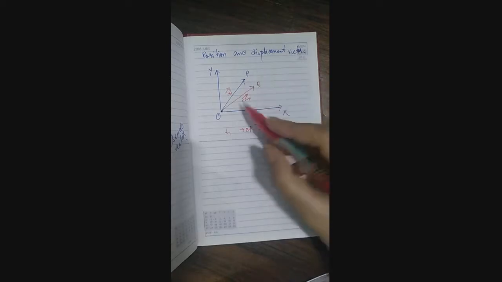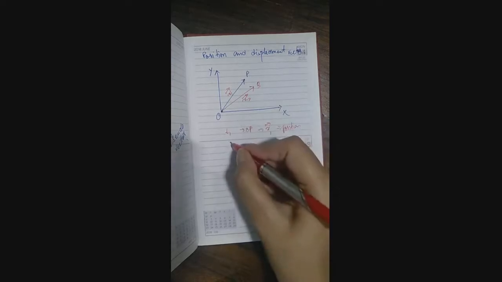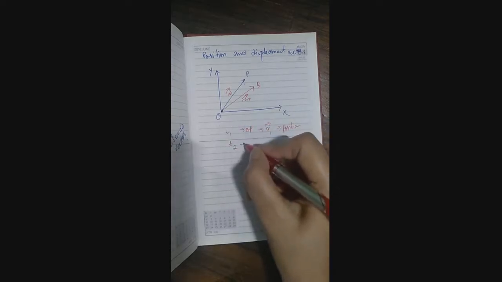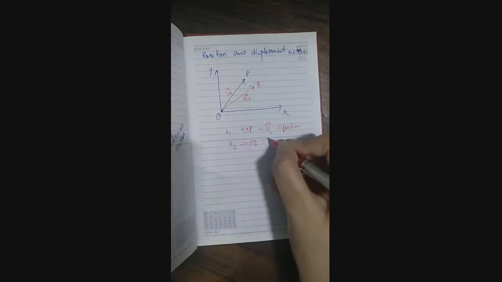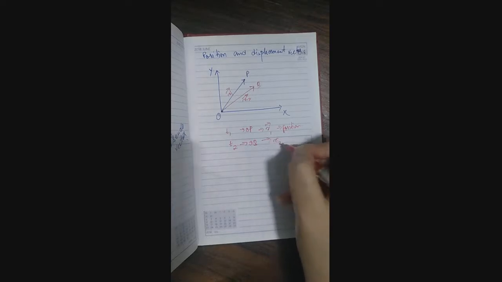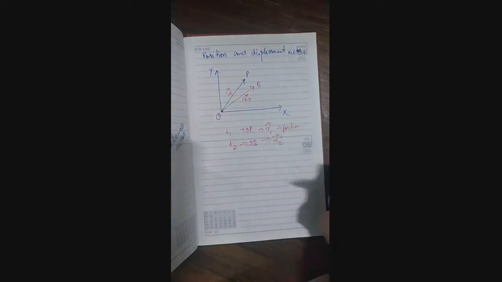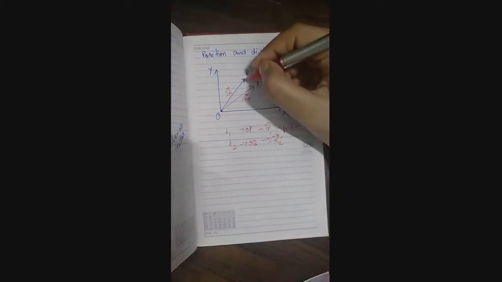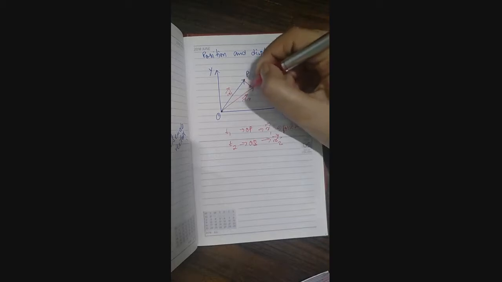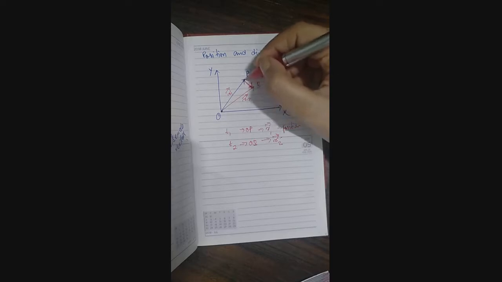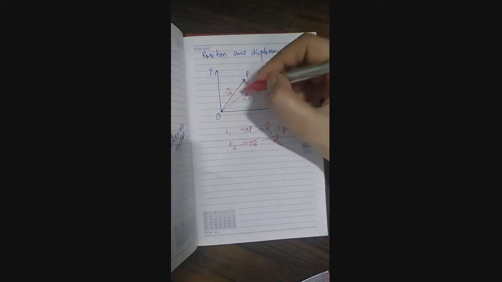The time duration for OP is T1. Time duration for OQ is T2. Okay, this is T2. Suppose we take the difference of the vectors. If you draw a line over here from P to Q, PQ gives the difference between these two vectors.